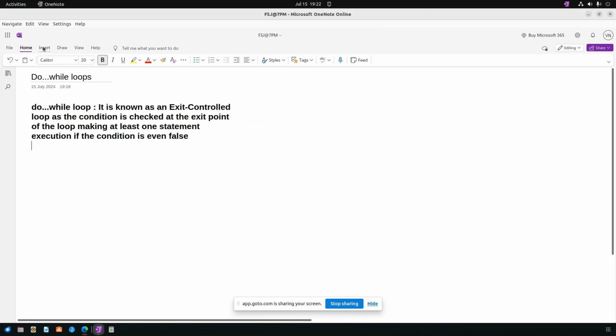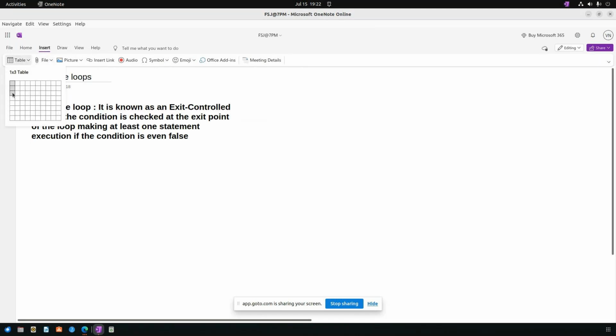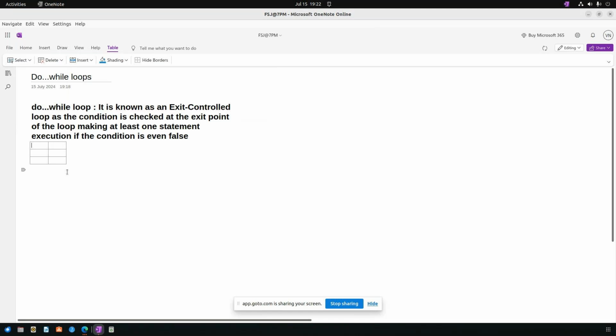Let's go for a table where we will have the syntax, the flow chart and the example.